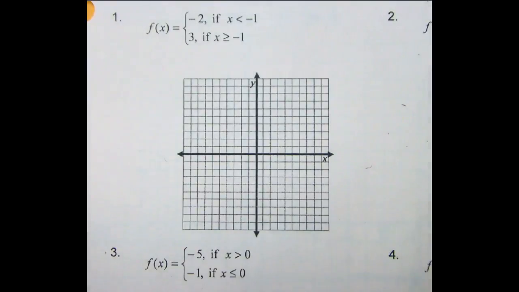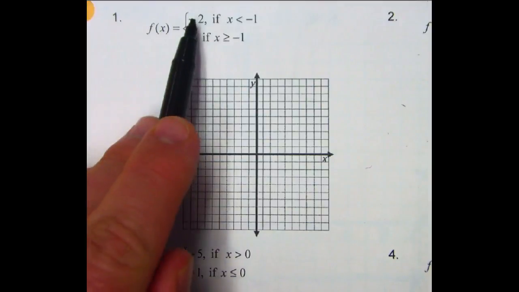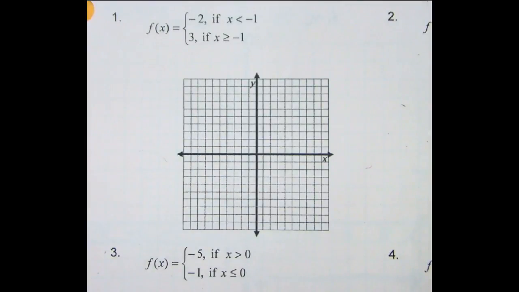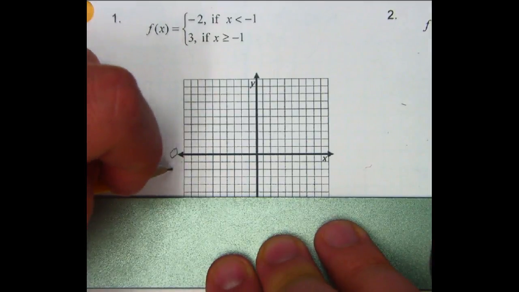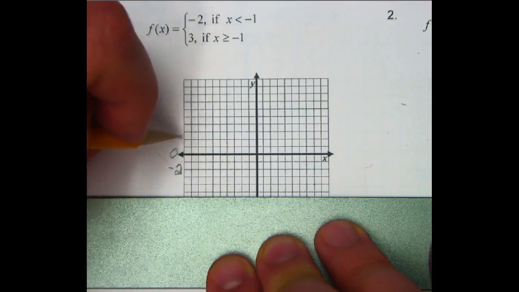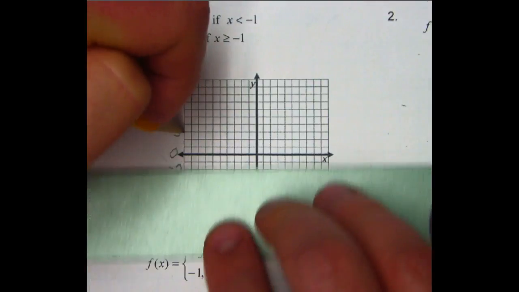Okay, so step 1. Go ahead and graph -2 and +3. So remember, this is 0. So -2 is down here. +3, 1, 2, 3 is right here. So draw both lines.